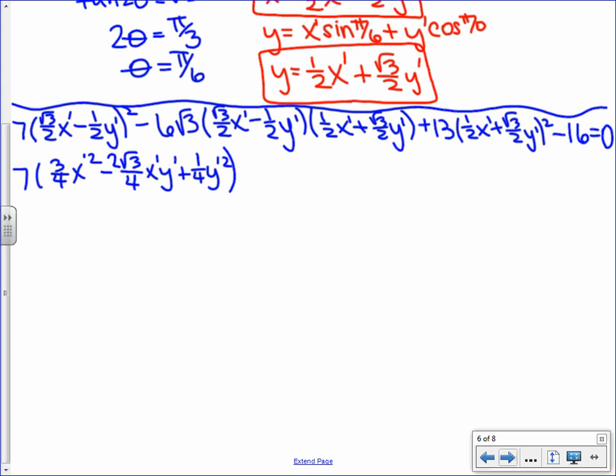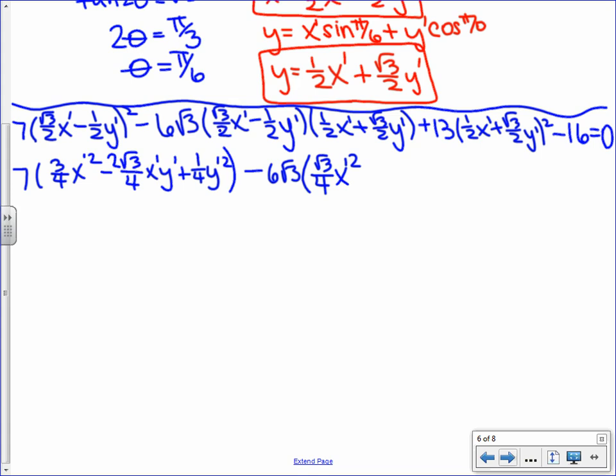Okay. Minus 6 radical 3 times these two binomials multiplied. So our first is what? Radical 3 over 4 x prime squared, right?